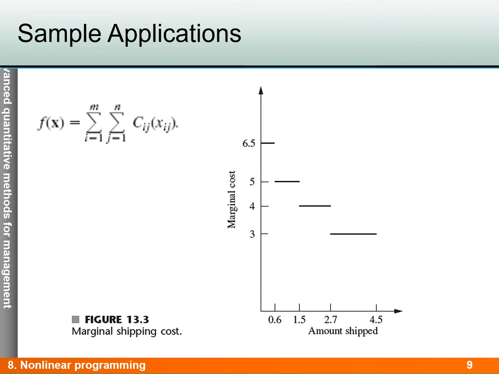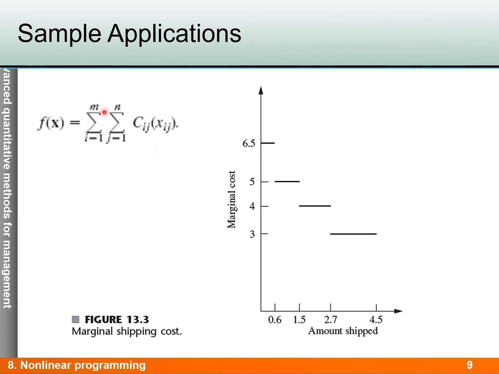So in a general form, we can say that for each combination of source and destination, if we name the source I and the destination J, the cost of shipping xij units, meaning the number of units shipped from source I to destination J, is multiplied by Cij.